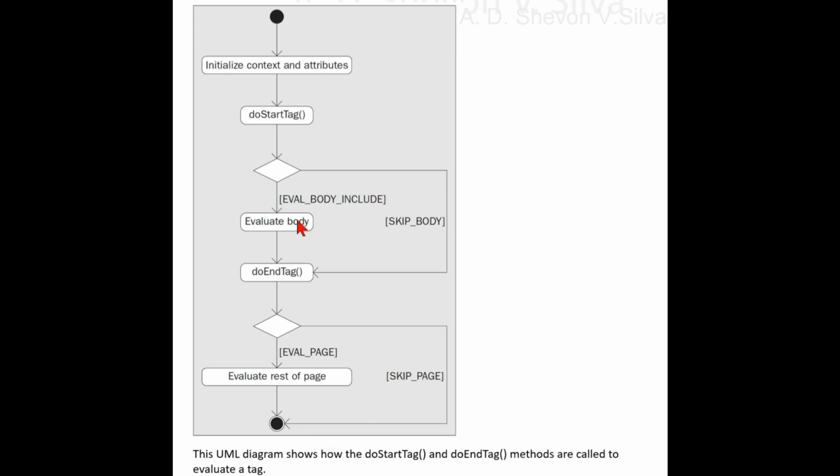Here you can see the int doStartTag method in the Tag interface. It processes the start tag for this instance. This method is invoked by the JSP page implementation object.